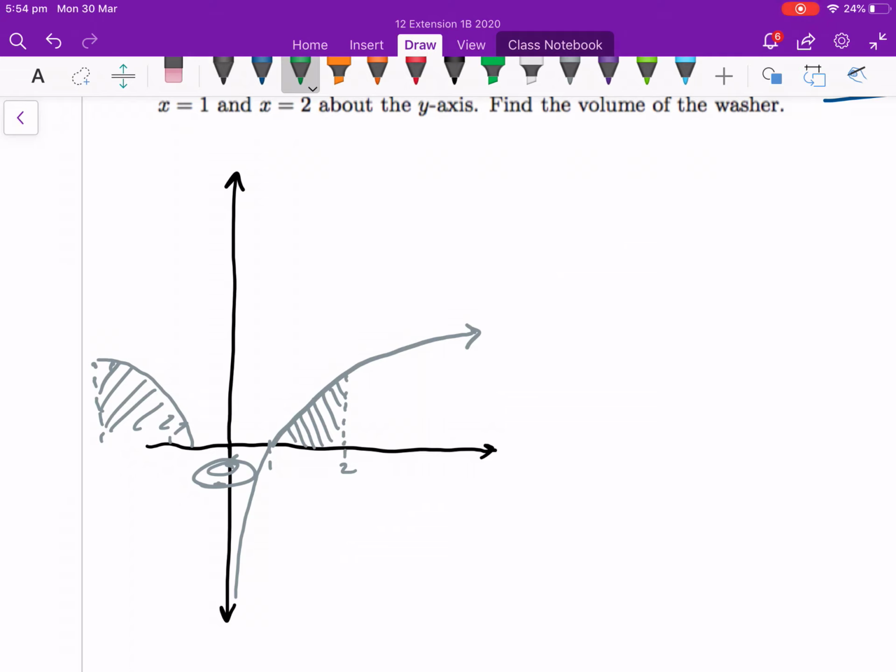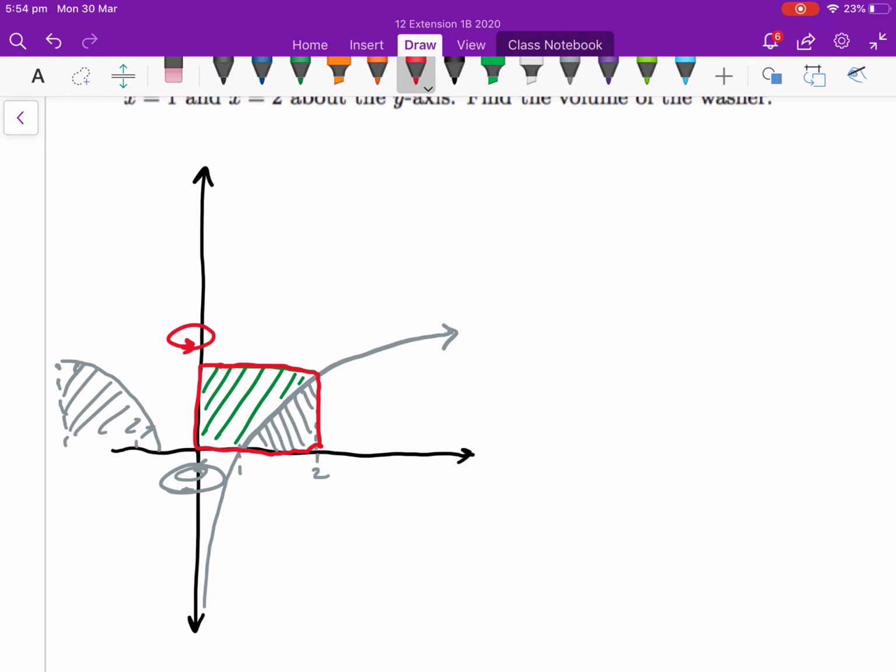So what we're actually going to do here is, if we focus in on this part here, and look at this region. Now, let's say that together we combined this entire piece, so this rectangle, and rotated that around the y-axis. Well, if we did that, we'd end up with a cylinder.